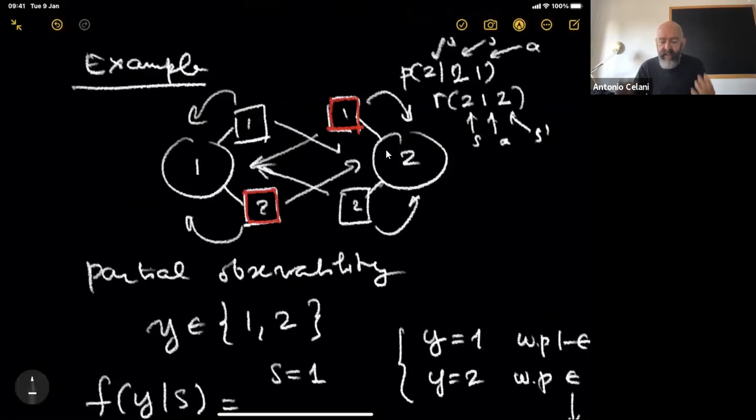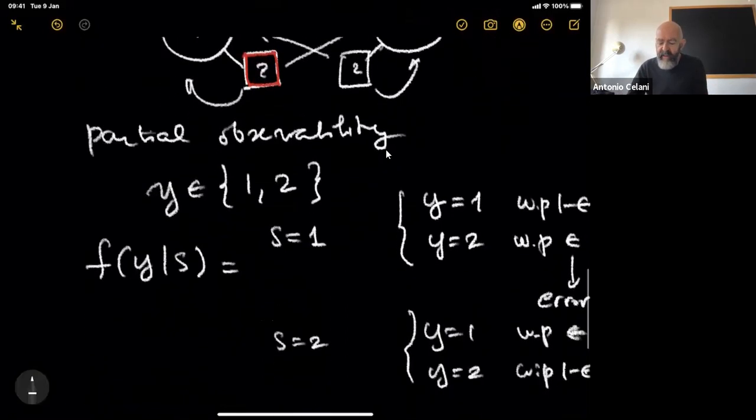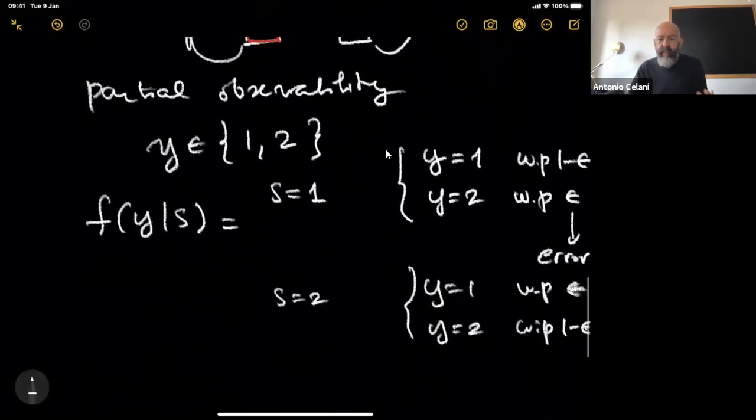Okay. So the intuitive idea is that I have had some observations so far, and these observations are actually telling me something about where I am, right? Even if not with certainty. I know the model. If epsilon is very small, and I receive an observation 1 or a series of observations 1, I can be pretty confident that I am in state 1.